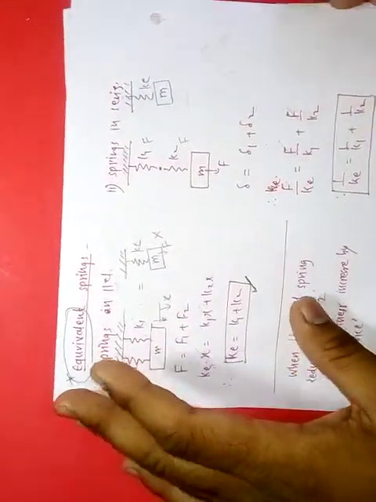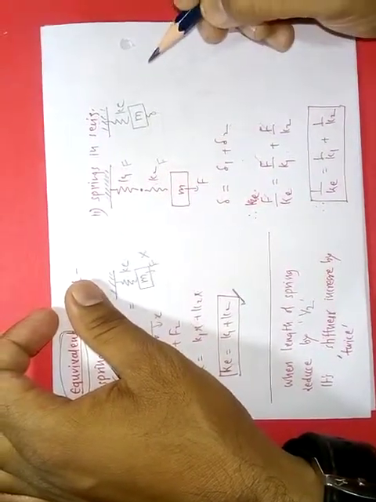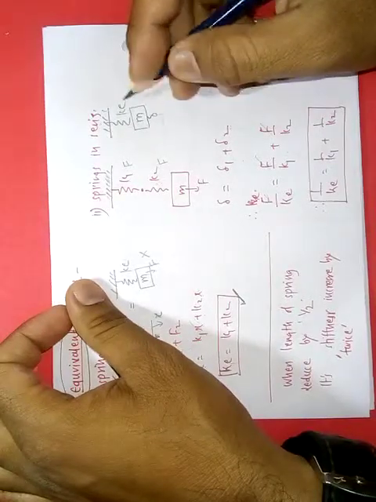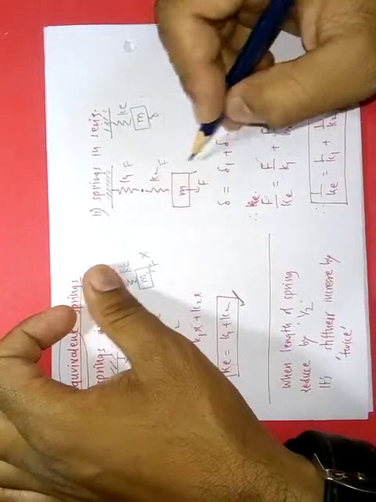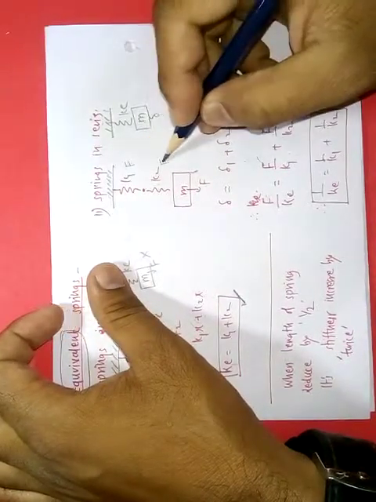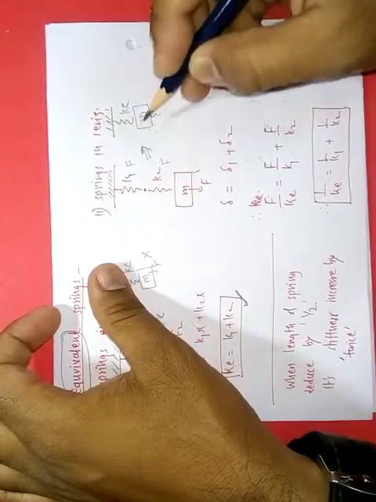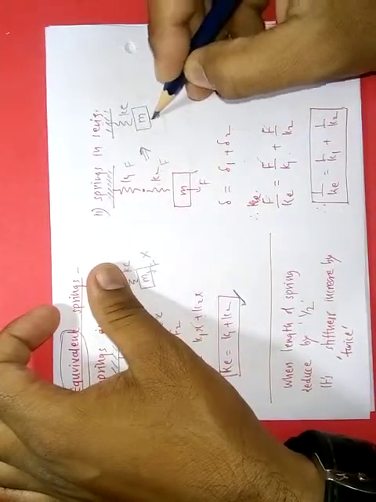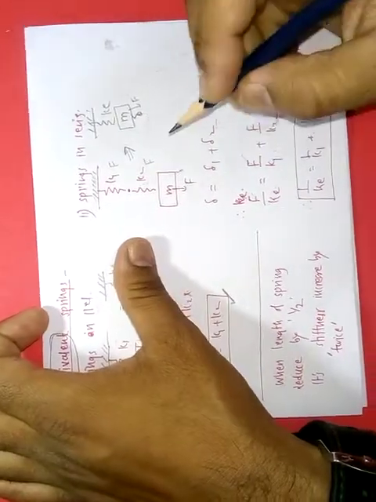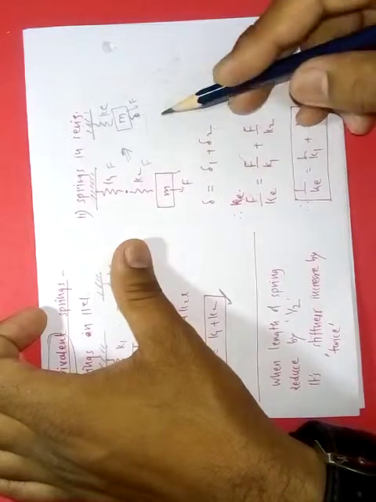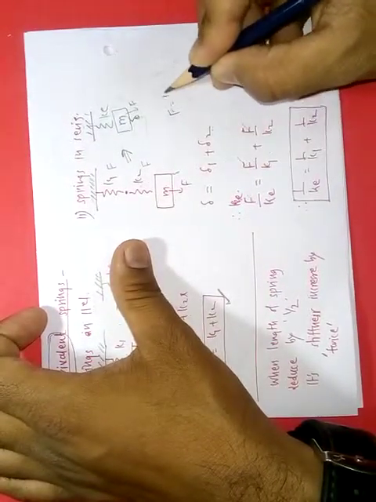When springs are in series, suppose del is the total deformation of the system, then it is the sum of del 1 plus del 2, the deformation in each spring. If we replace these springs by one spring which gives the same deflection by applying the same force, then, as we know, F is equal to K into del.